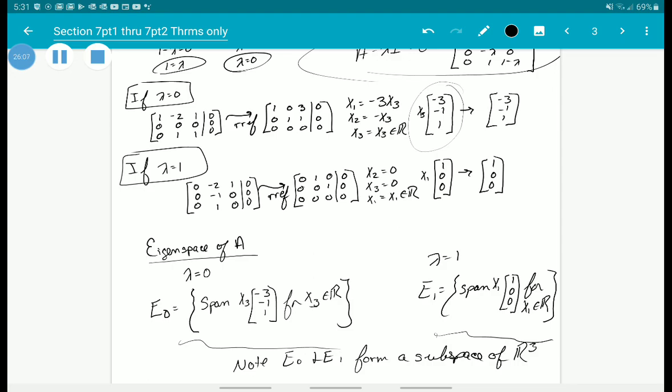What I really want to focus on in this section is finding those eigenvalues and finding those eigenvectors. That's super important because that's going to take us into something called diagonalizing a matrix, which is going to take us into being able to solve a system of differential equations.